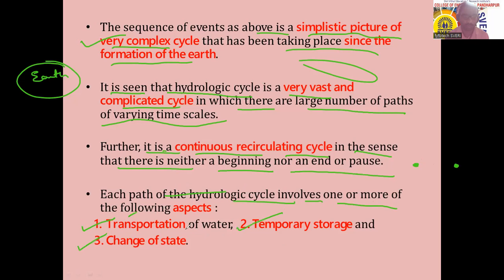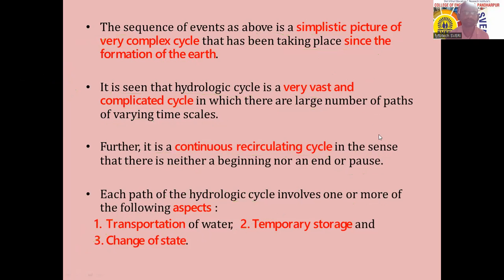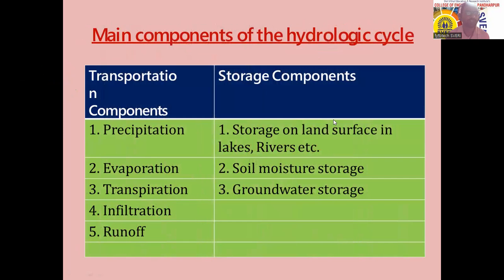So this is the path along which the water is moving. Next, these are the main components of the hydrological cycle. So what are the transportation components and what are the storage components?